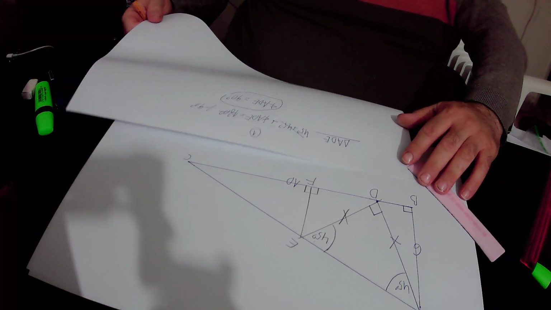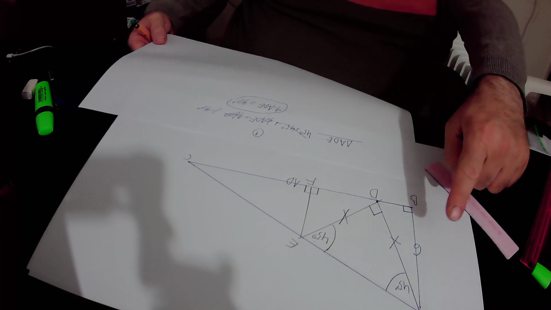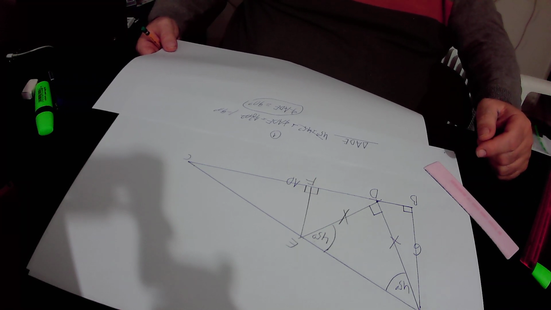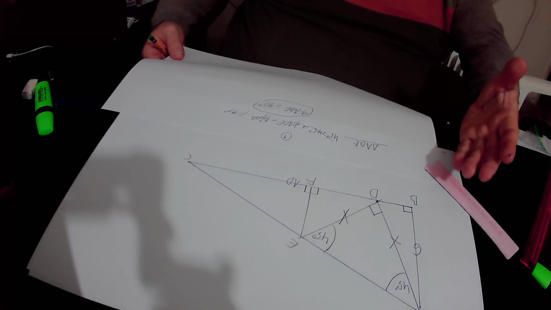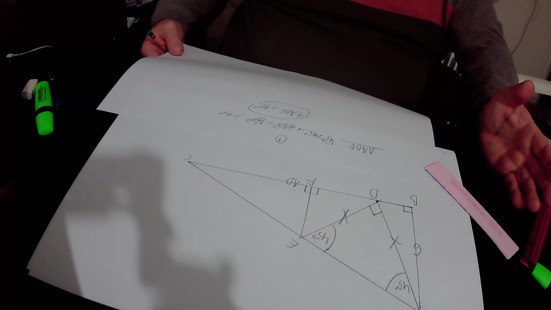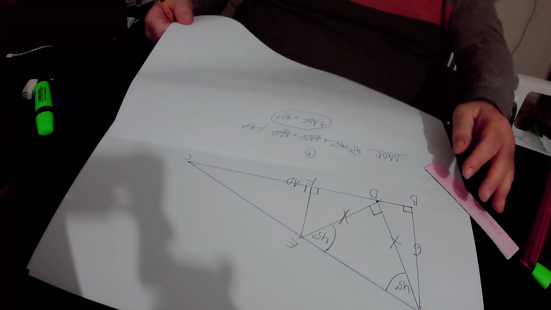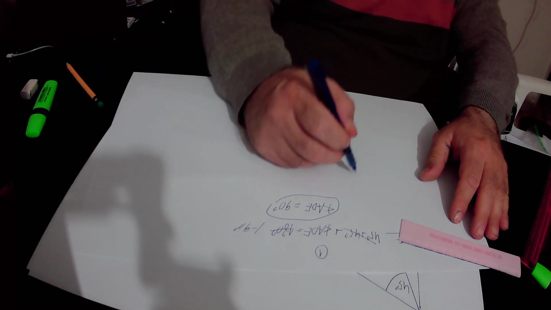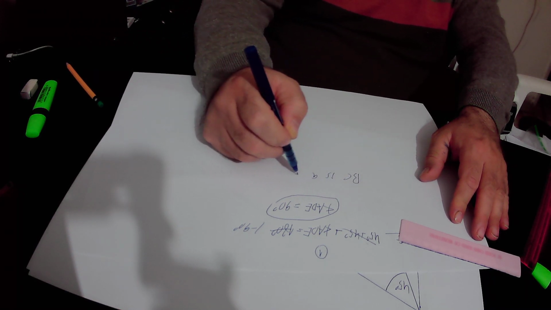And we actually know, it is given in the question, that triangle ABC is a right triangle, so BC is one side of a right triangle. BC is a side of a triangle. It is absolutely a straight line.